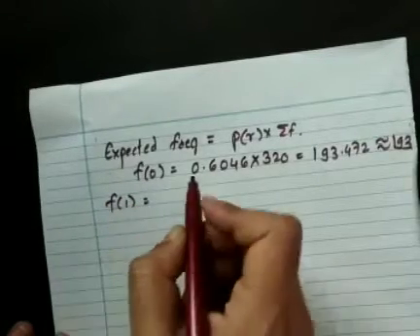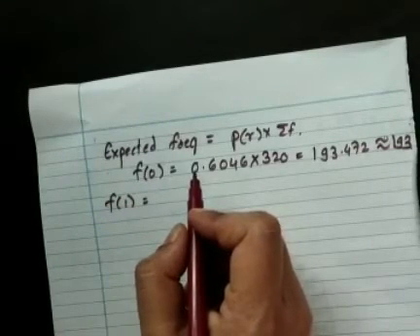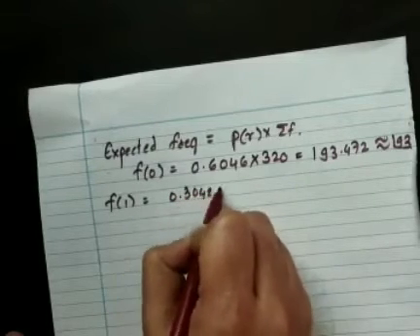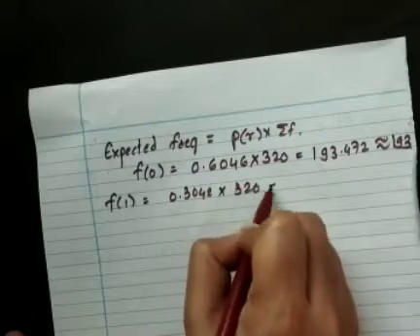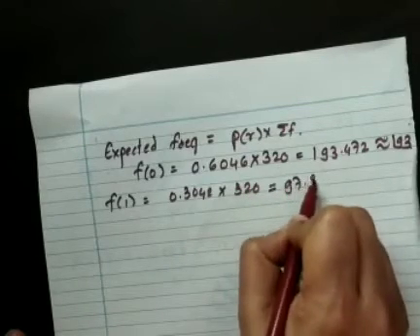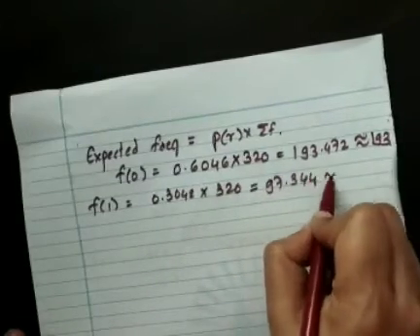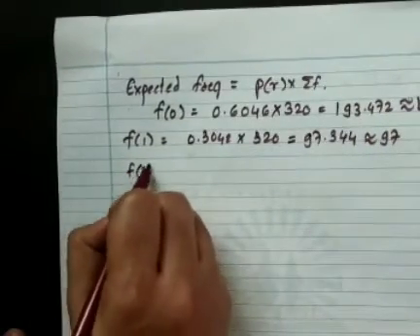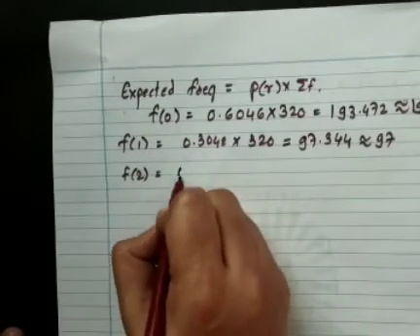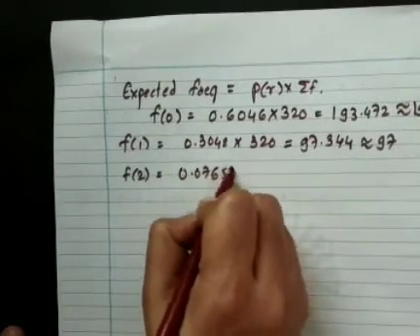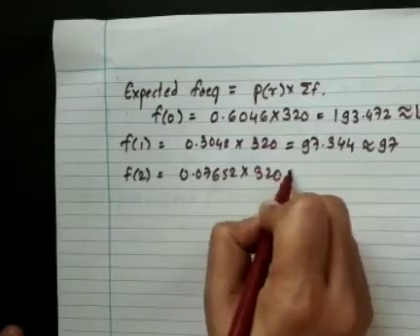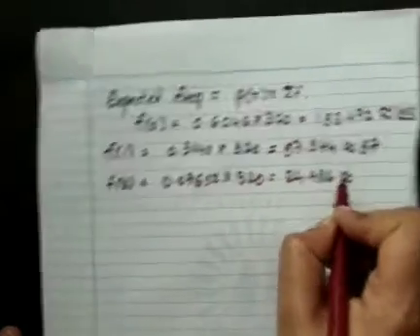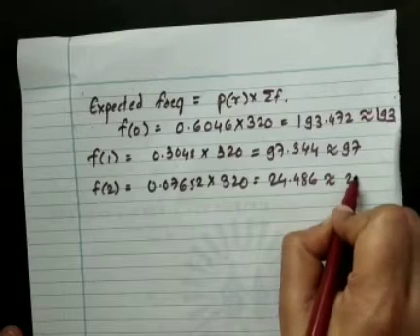Next, frequency at 1 is probability at 1, which is 0.3042 into 320, that is equal to 97.344, and that is 97. Next, frequency at 2 is equal to 0.07652 into 320, 24.486, and that will be 25.